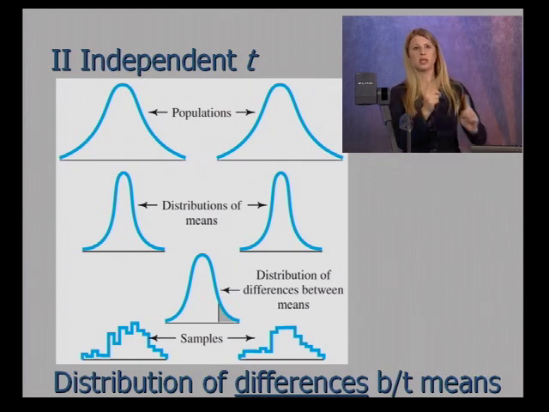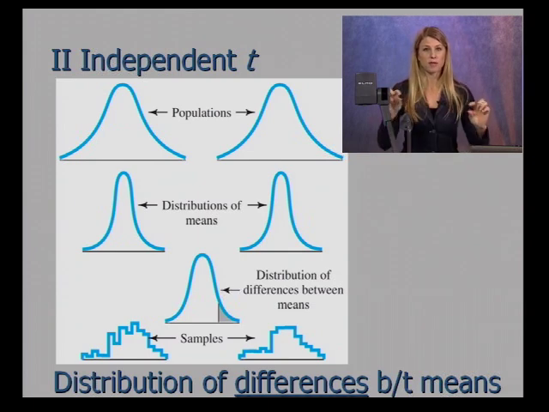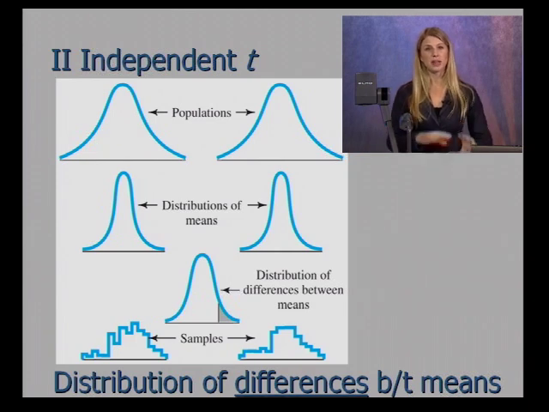If you took each possible sample mean and took the difference of those, you would end up with a normal curve. Most of the differences are in the center, around the average of the differences, and then fewer and fewer as you taper off. And then the last distribution, right down at the bottom, is just what you actually get from your sample.